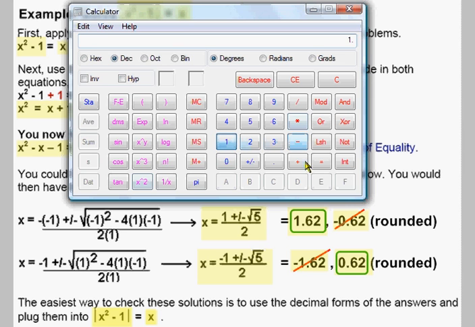Subtract 1 from that and we get almost negative 0.62 on the left, but we're taking the absolute value of that, and that turns it into positive 0.62, which matches the right side of 0.62. So both of those positive answers work, and they correspond to 1 plus the square root of 5 over 2, and also negative 1 plus the square root of 5 over 2.